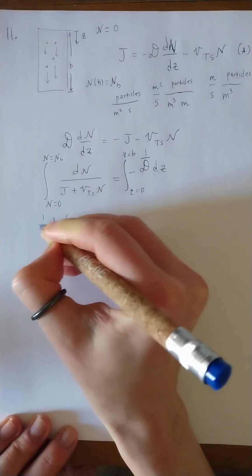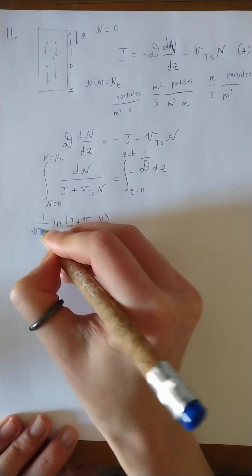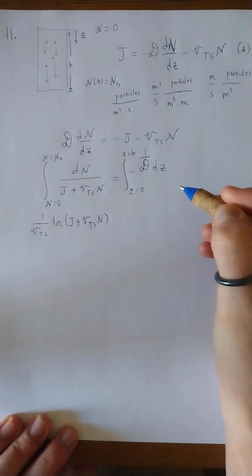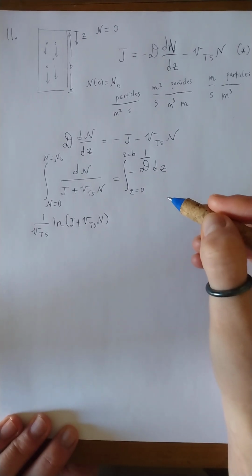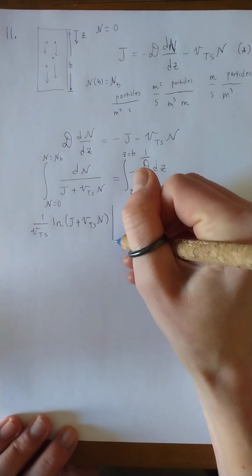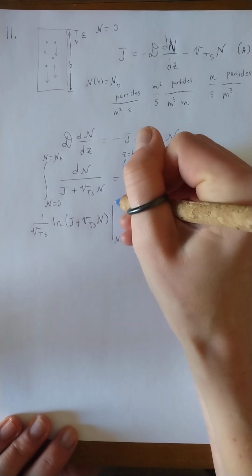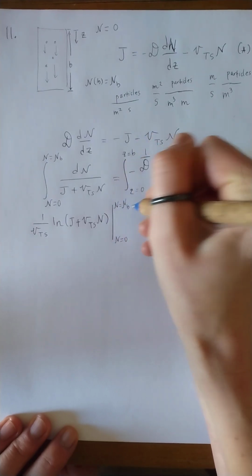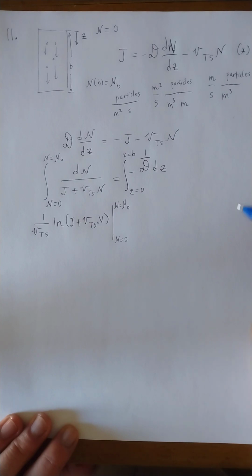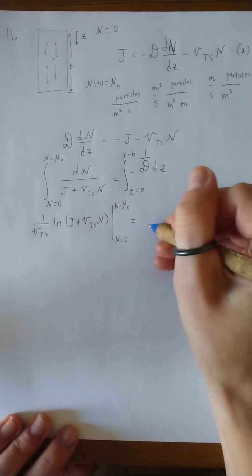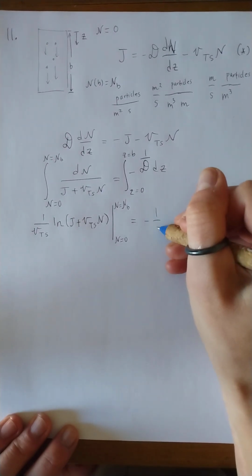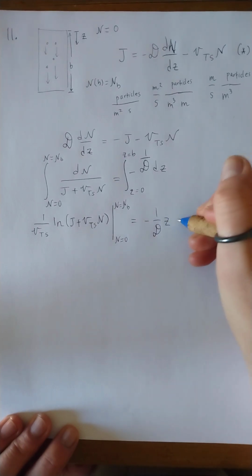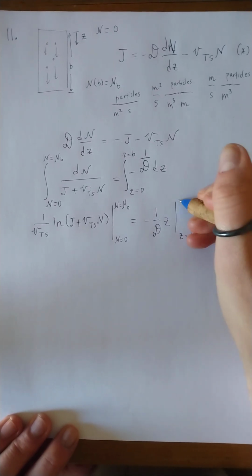And we have to multiply by 1 over whatever the prefactor is on our dependent variable. So I have to evaluate this from n equals 0 to n equals n sub b. On the right-hand side, we're going to do the same thing. The integral of dz is just z, and we have to evaluate z from 0 to b.